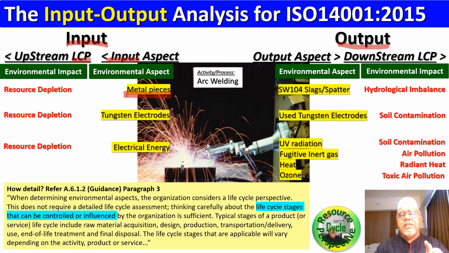Since metal pieces are an input environmental aspect, we got to ask the question: where does it come from? By means of looking at its life cycle, we have got to look upstream, where it comes from, in order to determine its environmental impact. Therefore, these metal pieces, as we discussed, actually come from a metal fabricator. They come in the form of cut pieces.